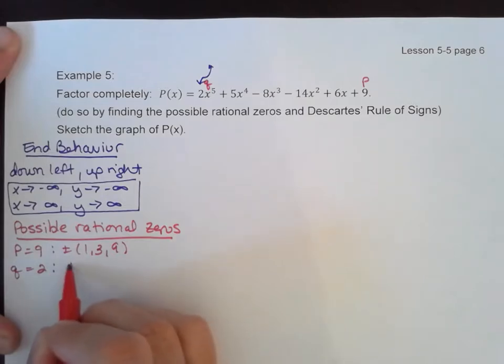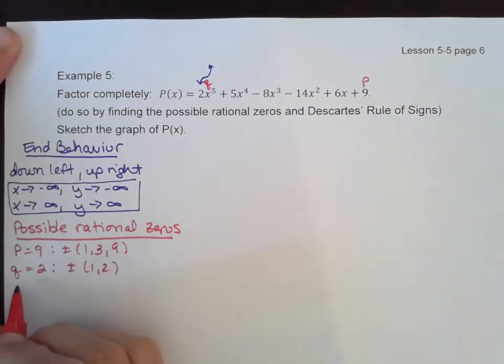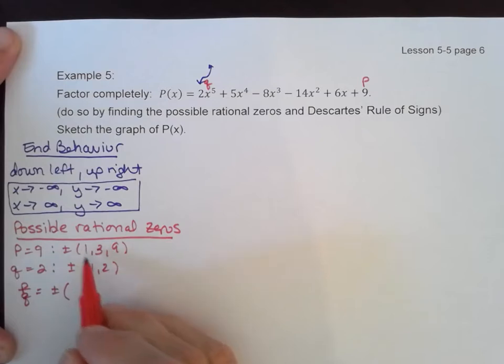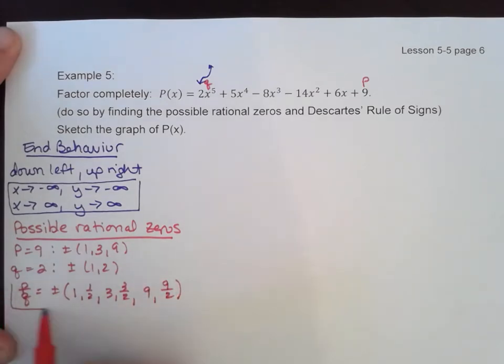Factors of 2 are positive and negative 1 and 2. Your rational zeros are P's over Q's, so positive and negative 1 over 1, 1 over 2, 3 over 1, 3 over 2, 9 over 1, and 9 over 2. So these are our possible rational zeros.